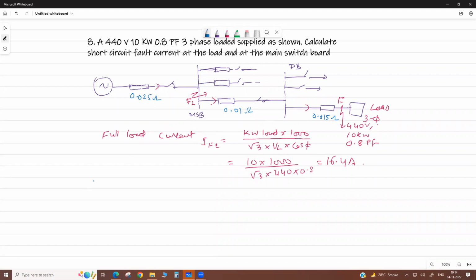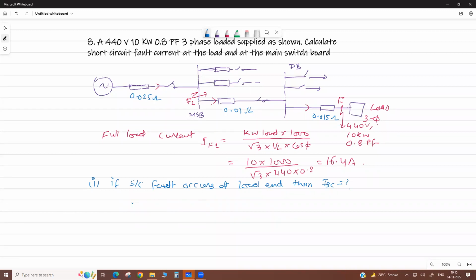So first he is asking, if a short circuit fault occurs at the load end, what is the ISC, the short circuit current?